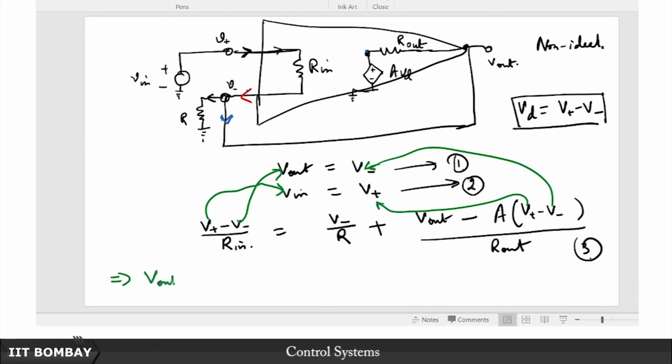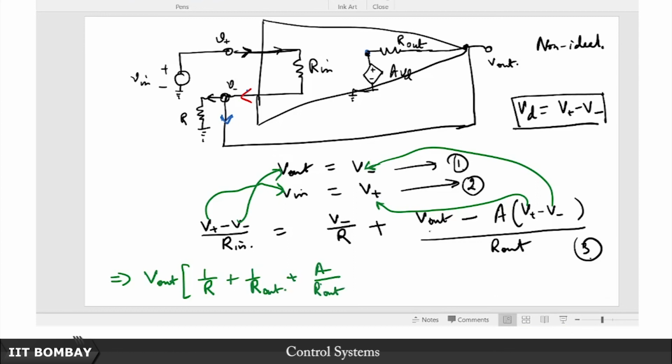So let me pull together all terms related to V_out, and that will give me, if I am not mistaken, 1/R, because V_out is V−. Notice, so V_out times (1/R plus 1/R_out plus A/R_out).